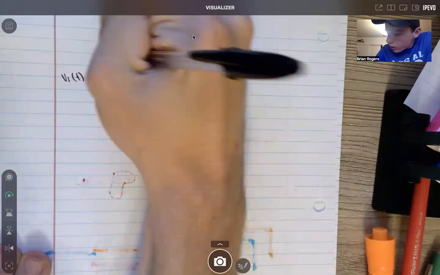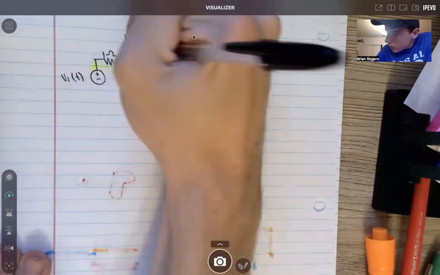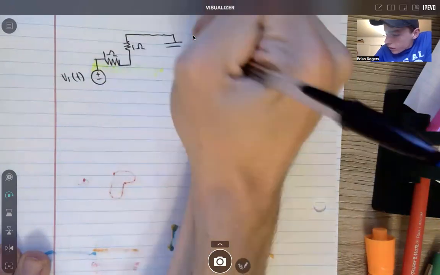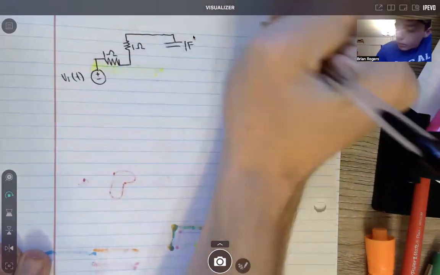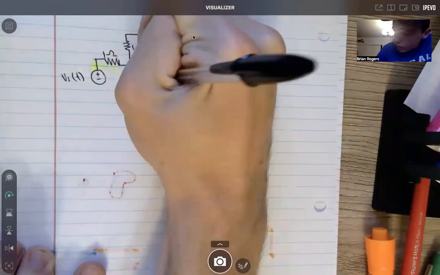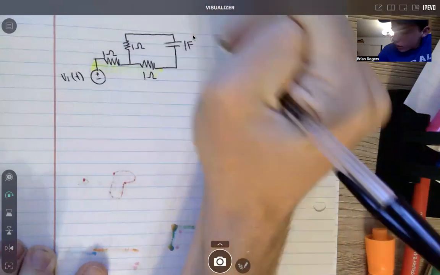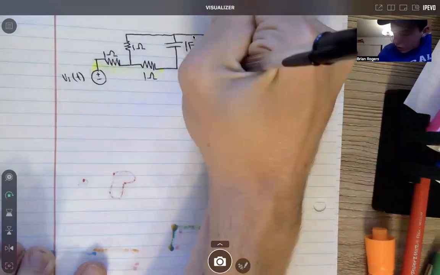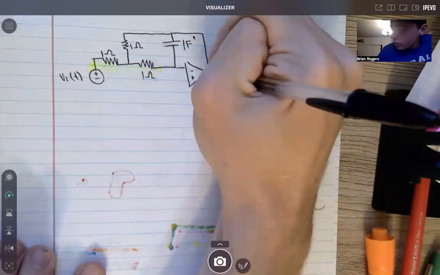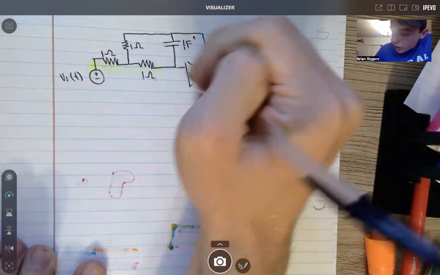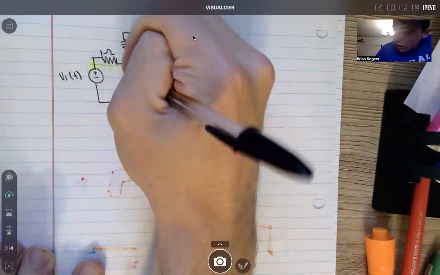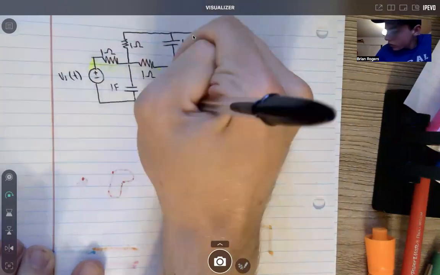And then we have 1 ohm, and then 1 farad. And here we have a 1 ohm. And this one comes in here, dot, negative, positive. And then this is our output voltage. And here we have this connected to a capacitor and something hooked to our positive terminal here.